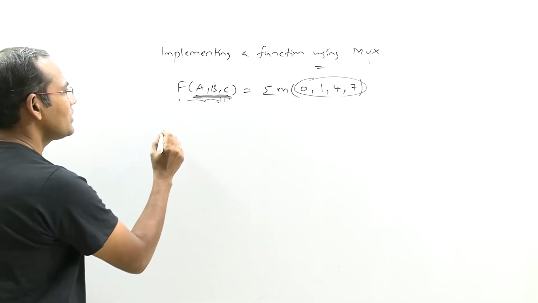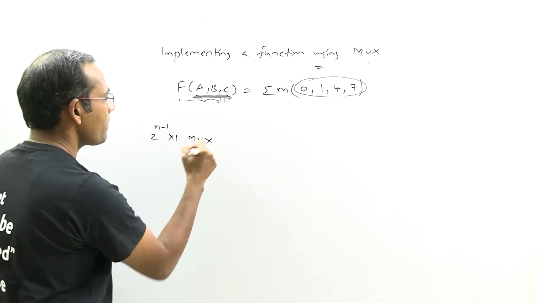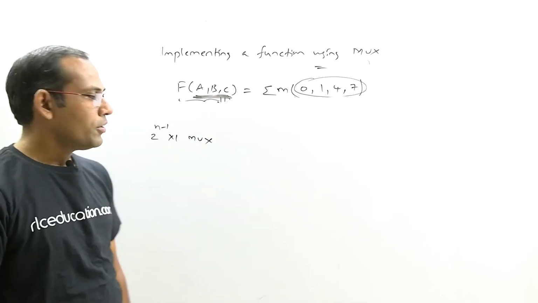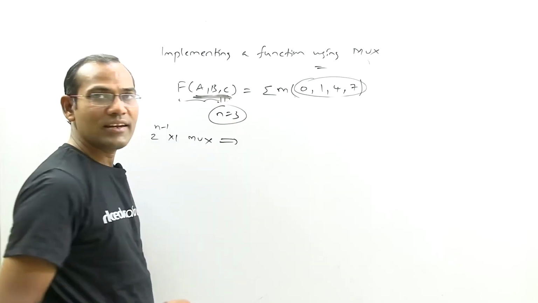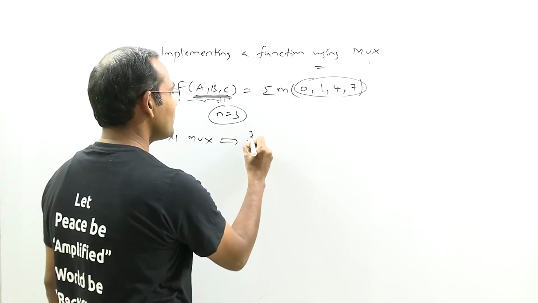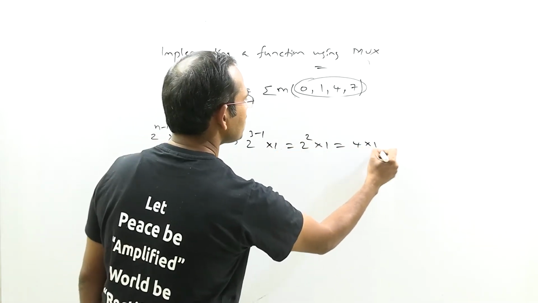Next I will design this one by using 2 power n minus 1 by 1 mux. Here n equal to 3 variables are there. 2 power n minus 1 means 4 by 1 mux.